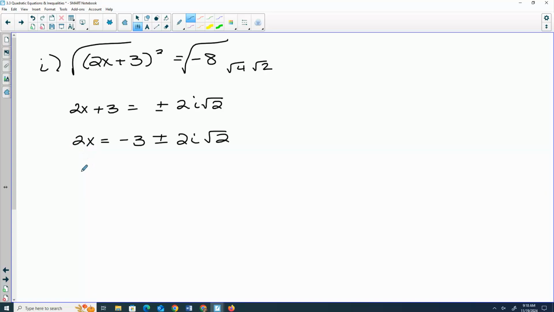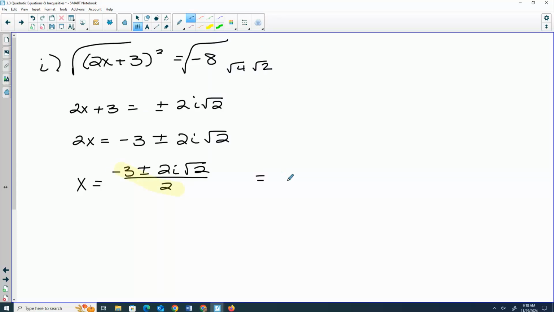Final step, divide by 2. If it weren't imaginary, you could just write it as a big fraction. But remember we talked about with i's, we always write it in standard form, a plus bi. So we just separated it and put each thing over 2.